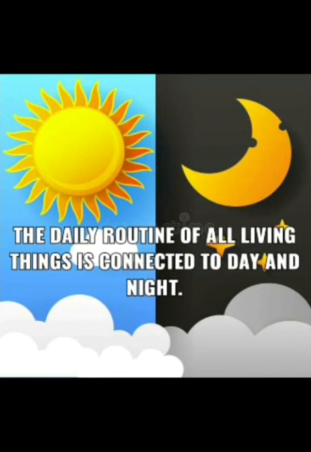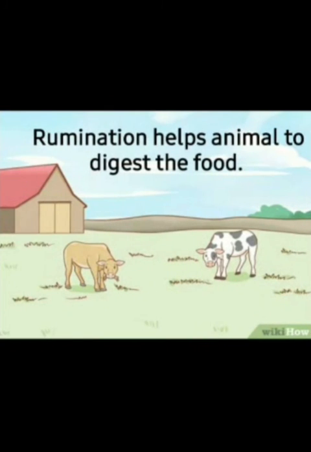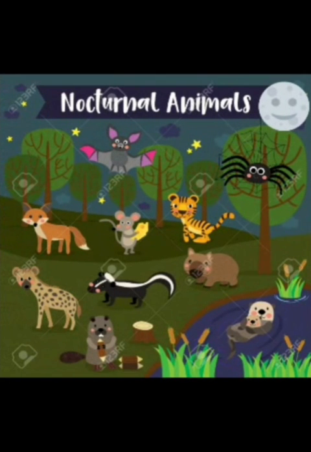The daily routine of all living things is connected to day and night. Rumination helps animals to digest the food. Some animals set out in search of food after the sun sets. These animals are called nocturnal animals.